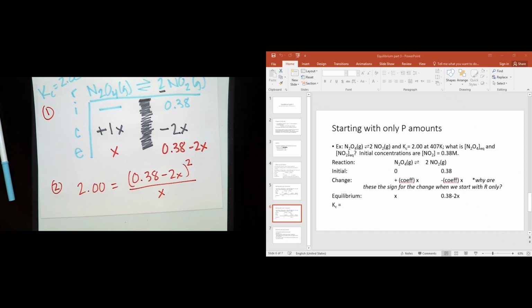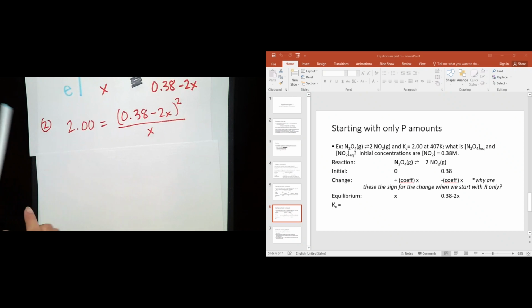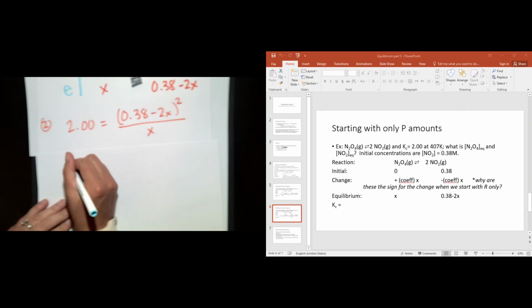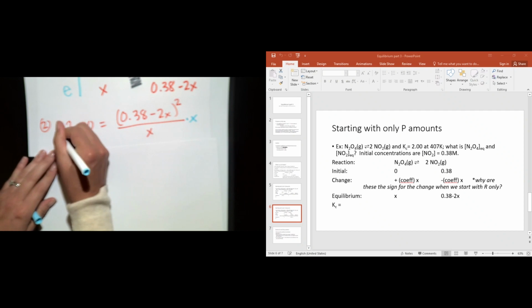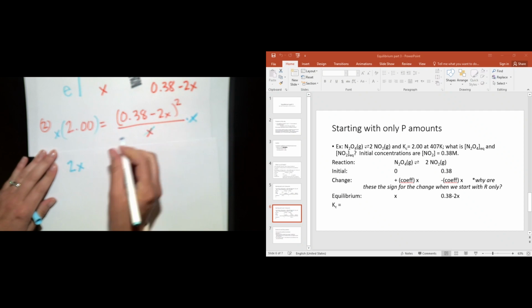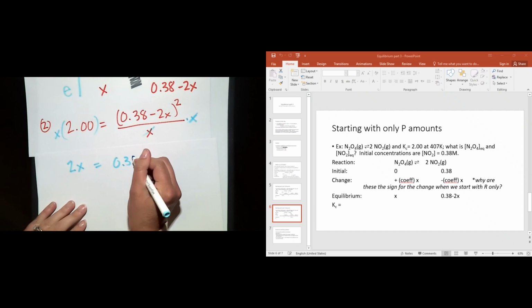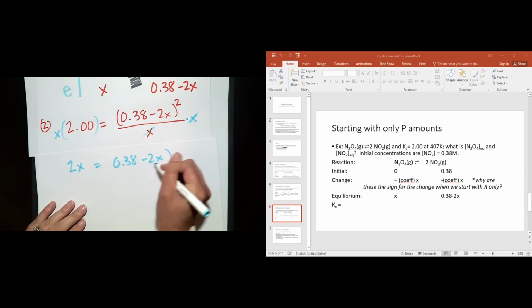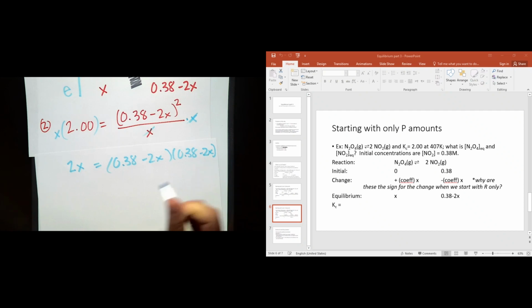Okay. All right. So now I need to solve for x. Oh man. All right. 2, multiply both sides by x. 2x equals, now I have to do what we call FOIL. Now you're like, oh, that's why college algebra is a prereq for this course, college algebra or higher.